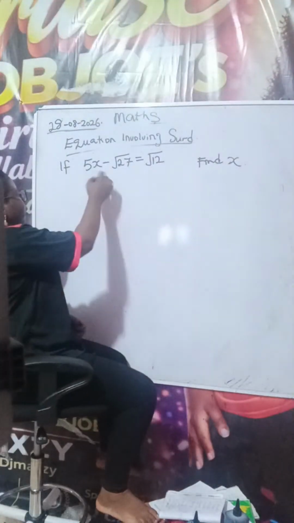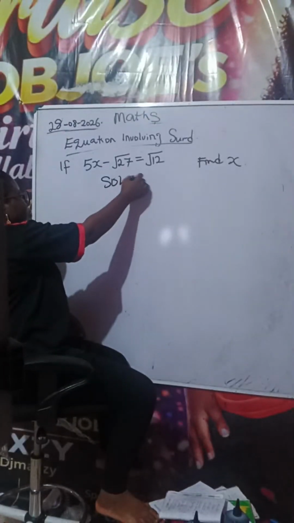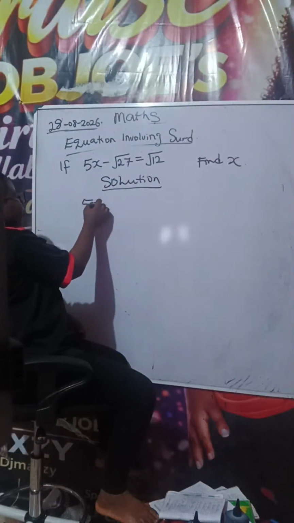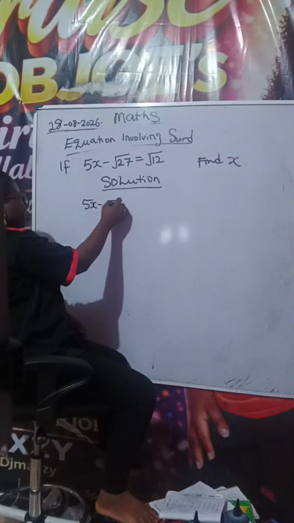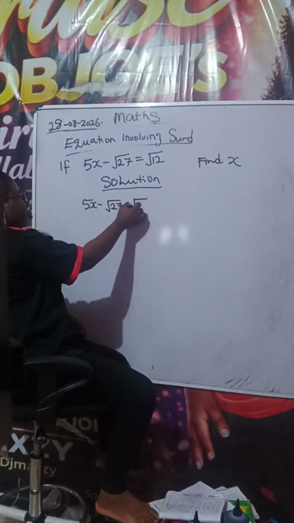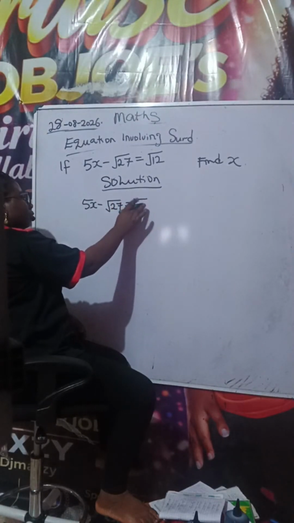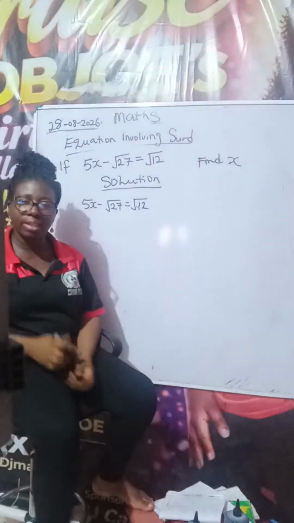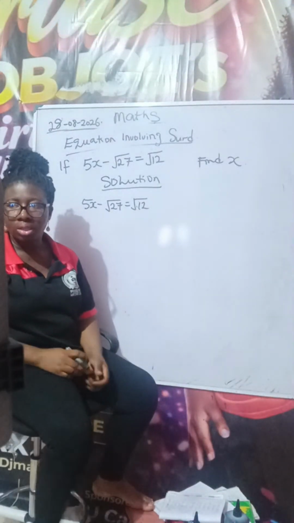we have the solution. I have 5x minus root 27 equals to root 12. But if you check this number, can we get the square root of 27? Is it possible?